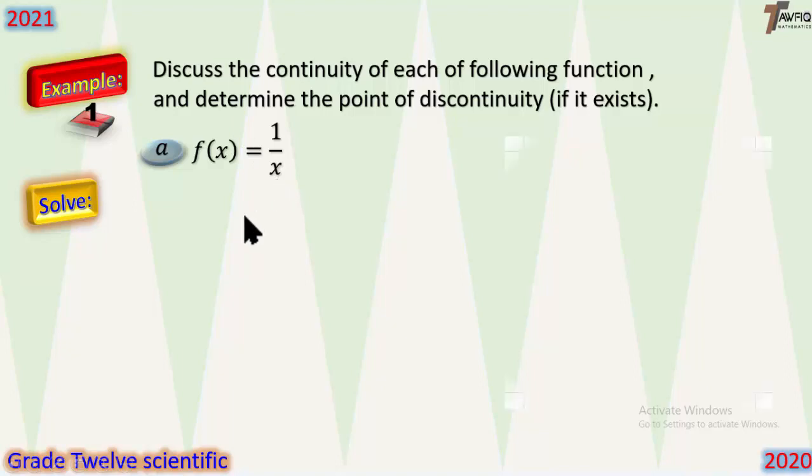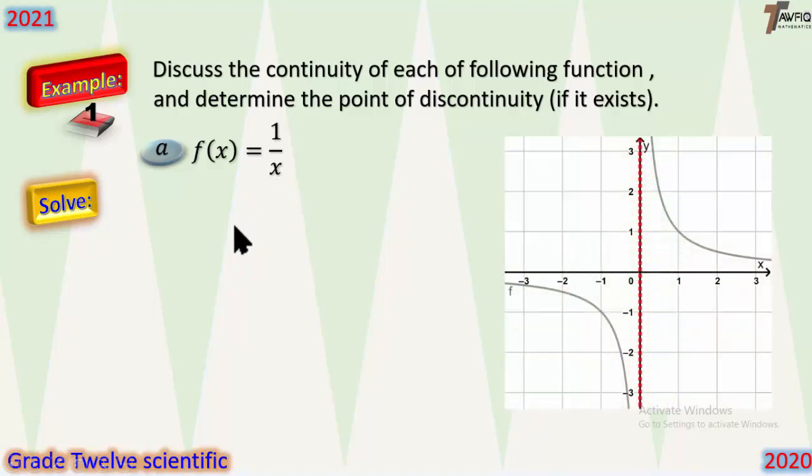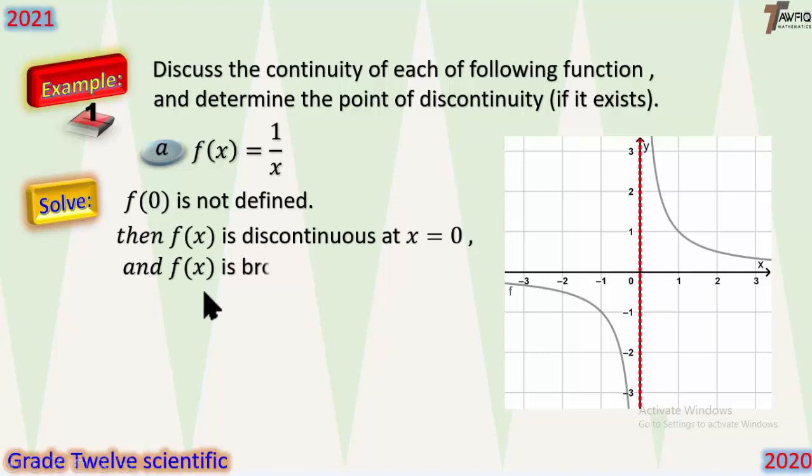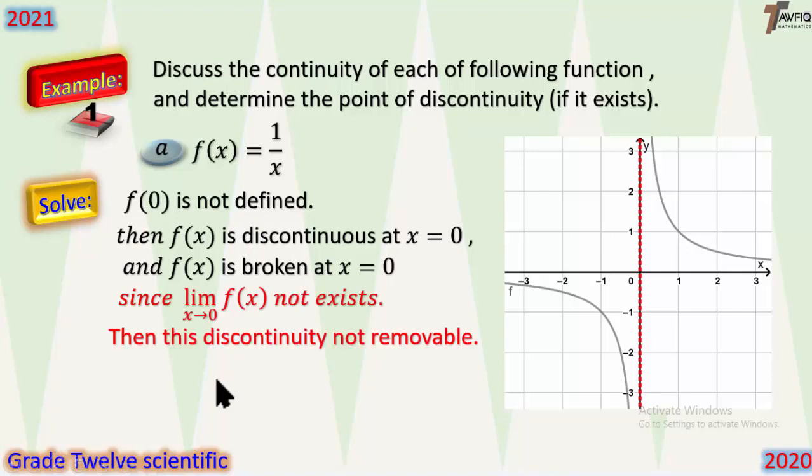That means f(0) is not defined. Therefore, this function is discontinuous at x equal to 0, and it is broken at x equal to 0. Because we cannot find the limit here as x approaches 0, this discontinuity is not removable. But this function is continuous at all real numbers except 0.